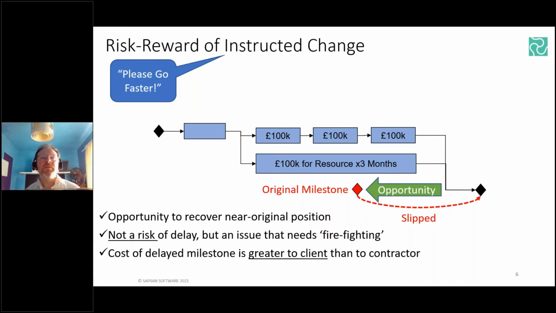But we can see that there's a total cost of £300,000 to the top sequence of activities there, and that there's a specialist resource that we need spread out over the same 3-month period, and they're going to work for the same amount of money in total, giving a total forecast to complete a cost of £600,000 plus, we'll say 10% risk exposure, just for simplicity. So 660,000 in total at that point of the scenario.